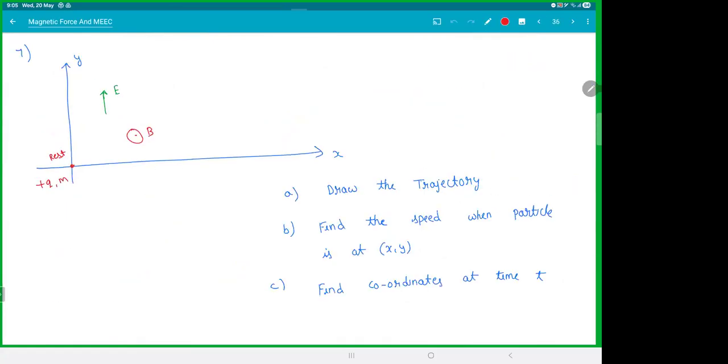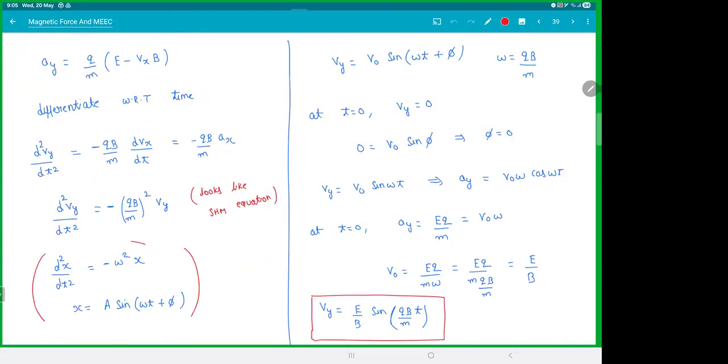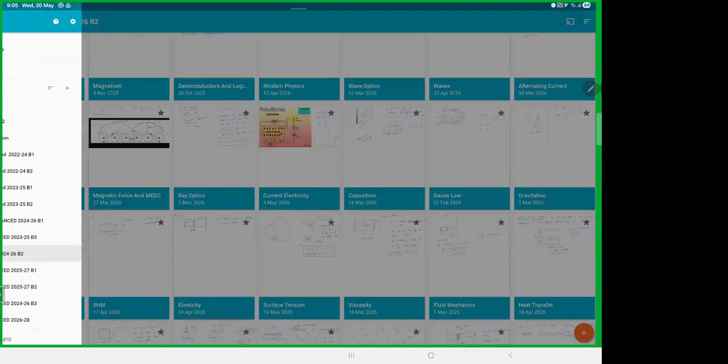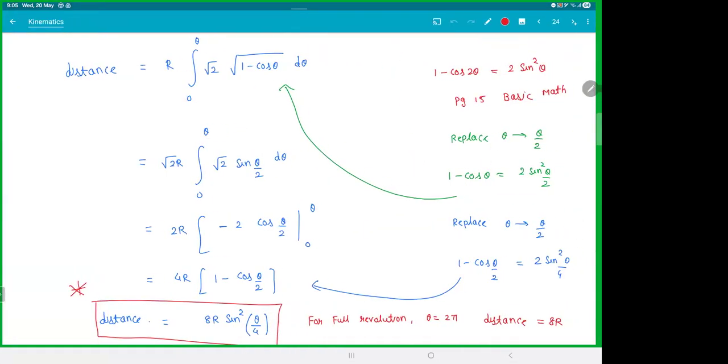There is a particle, there's an electric field, there's a magnetic field, and so on. When you solve this problem, the answer you get, at the end of the day, will look like this only. So that's what I'm saying: I'm going to relate this to something else in the future. If you don't know how to do this, then you'll get stuck in that chapter. No one will ask you this question in the exam. That is what I keep saying. Advanced questions don't repeat, but patterns repeat.